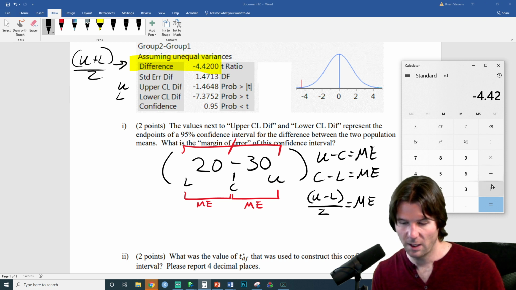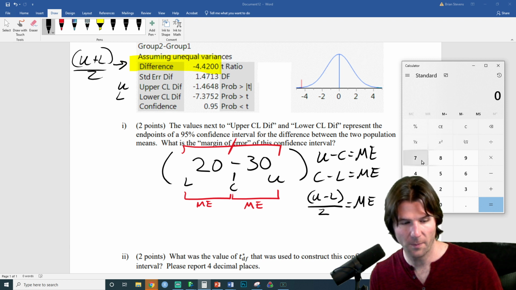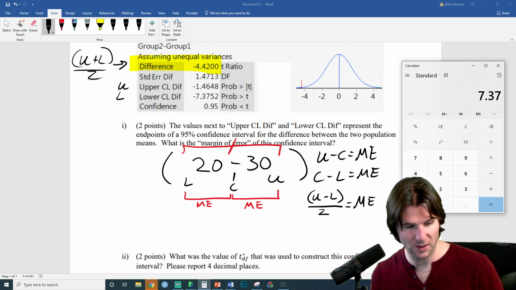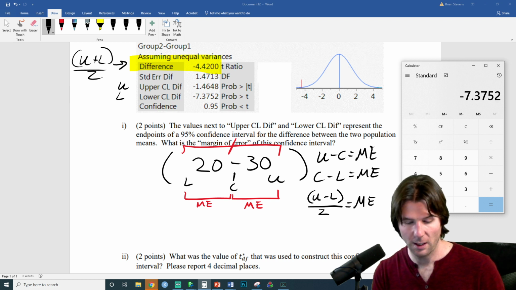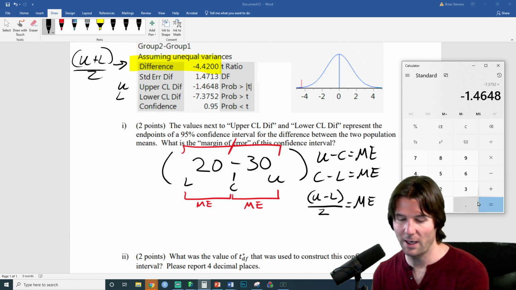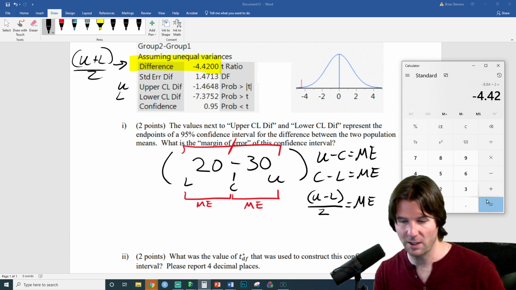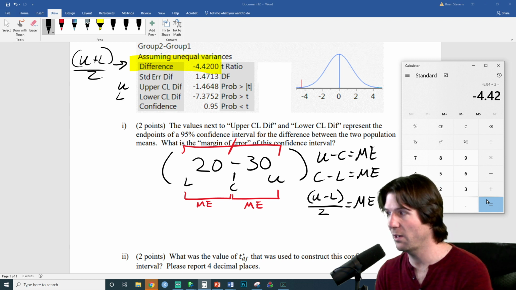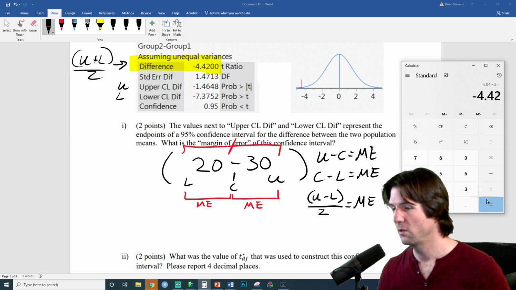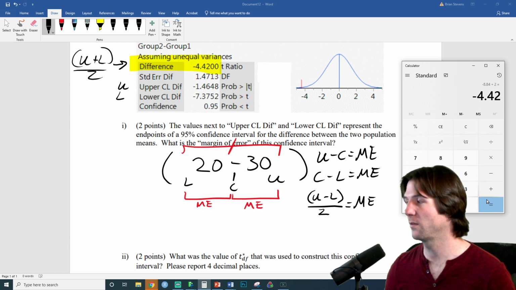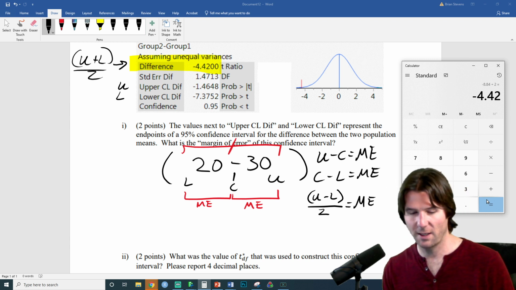Upper is negative 7.3752, and then we add to it 1.4648. That equals this. We divide it by 2, and we get the center of the interval. Does that make sense? It's upper plus lower, because the center is the middle of the interval. It's the average of the interval. So that's how you get the center. Exactly. Great job. The center is the average of the two numbers.